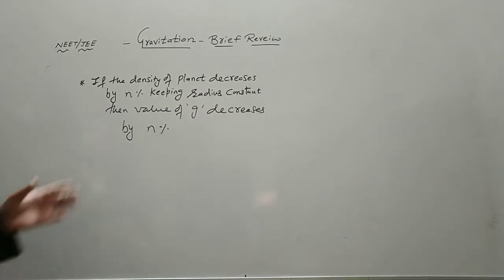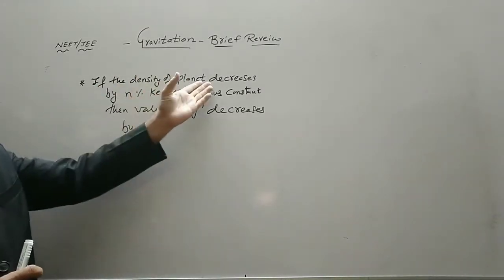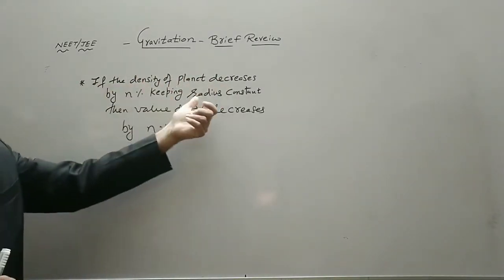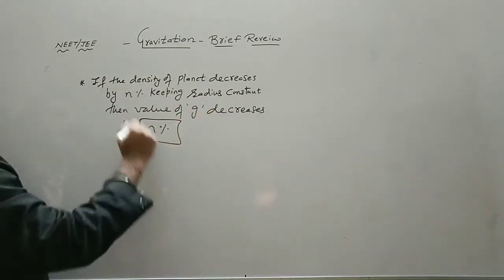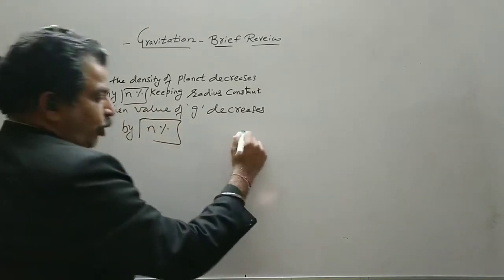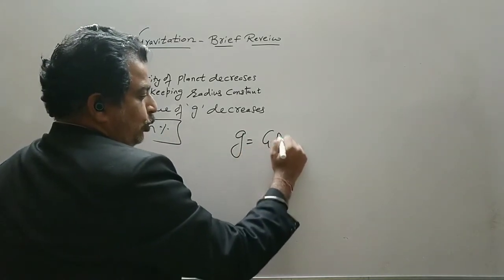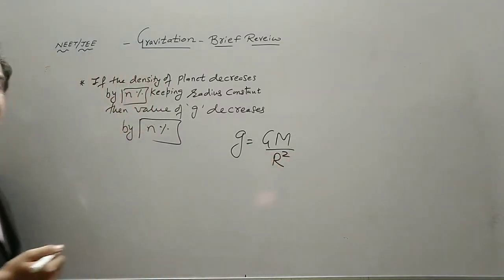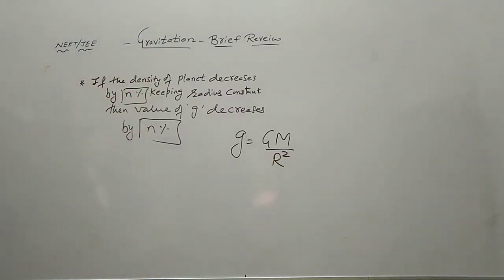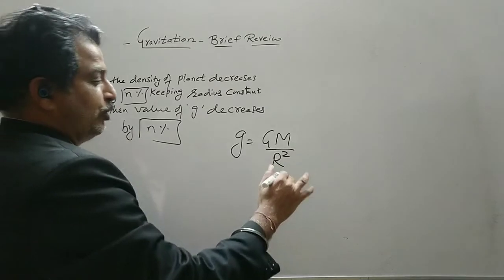Now third, if the density of the planet decreases by n% keeping radius constant, then the value of g decreases by n%. Again, small g is equal to GM upon r square for any planet. So we are talking about the g on the surface of any planet.